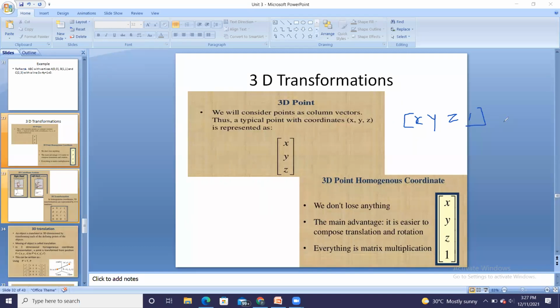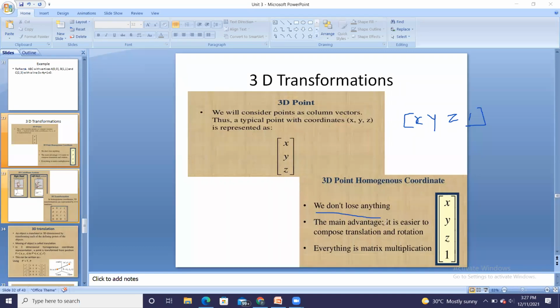This is your 1 by 4 way of writing a 3D point. So a 3-dimensional homogeneous coordinate is written in this manner. Here we don't lose anything because all the x, y, z values remain the same.